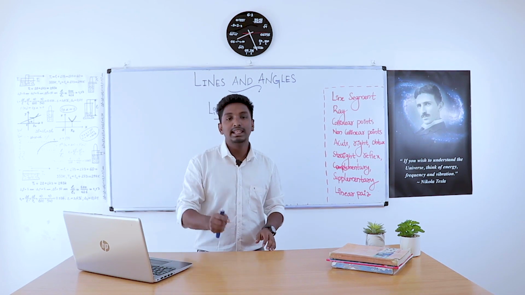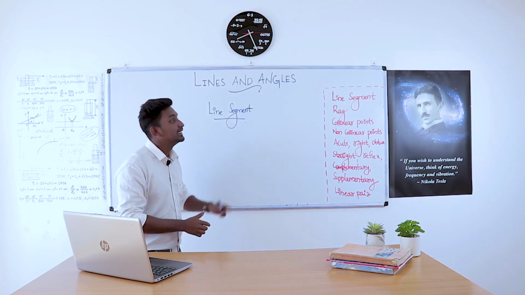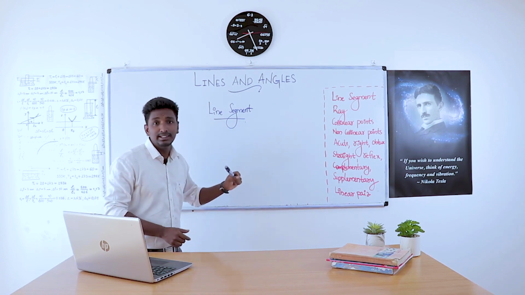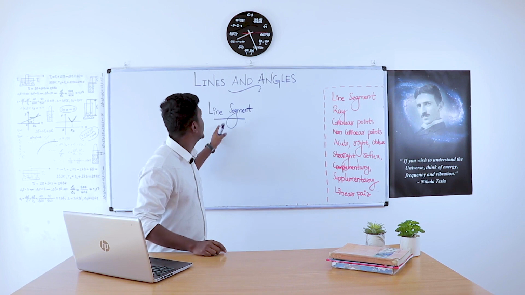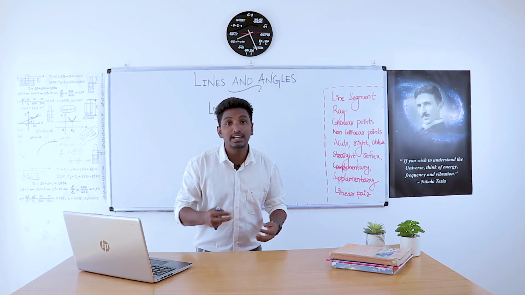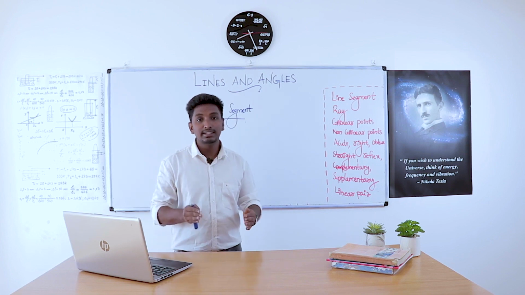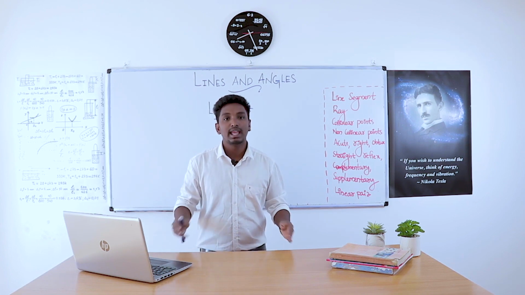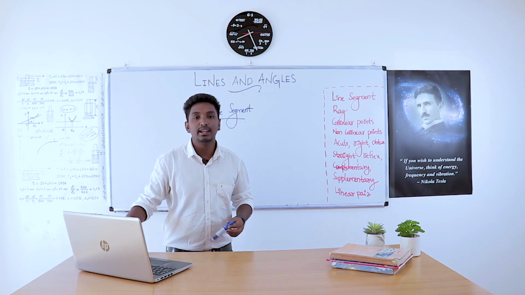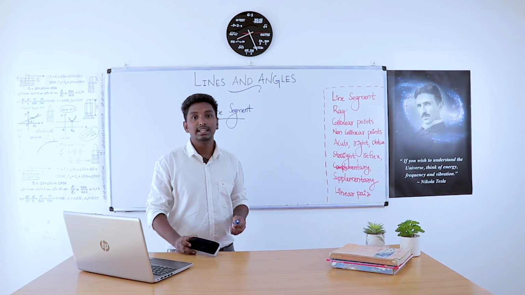If a line has two endpoints, then it is called a line segment. We can easily define a line segment as a line with two endpoints.